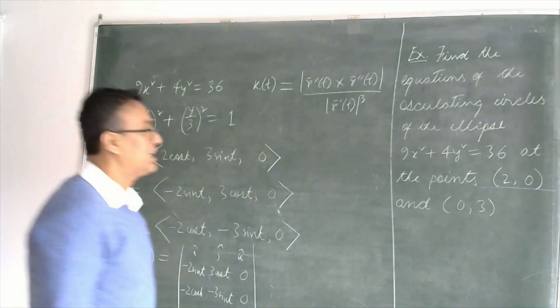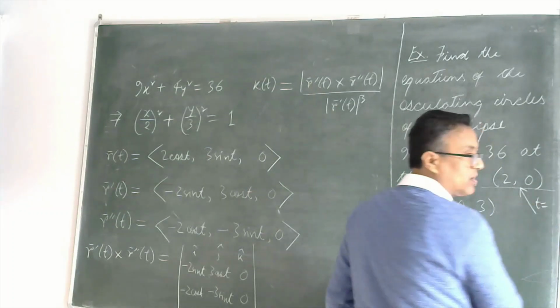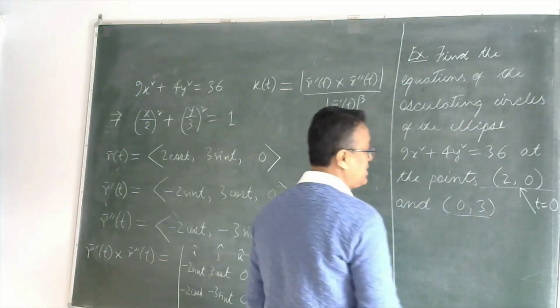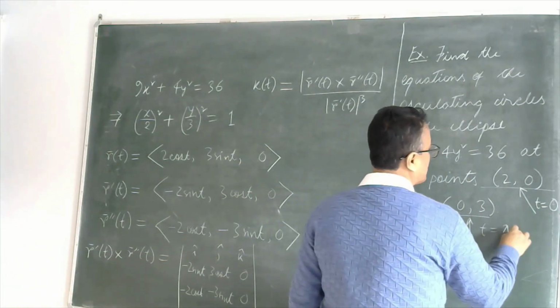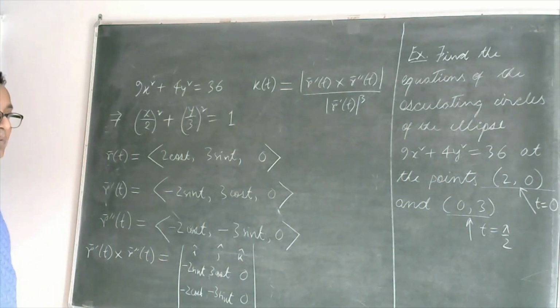So that means this corresponds to t equal to 0, and similarly, pretty easily you will find that the other point corresponds to t equal to pi by 2.